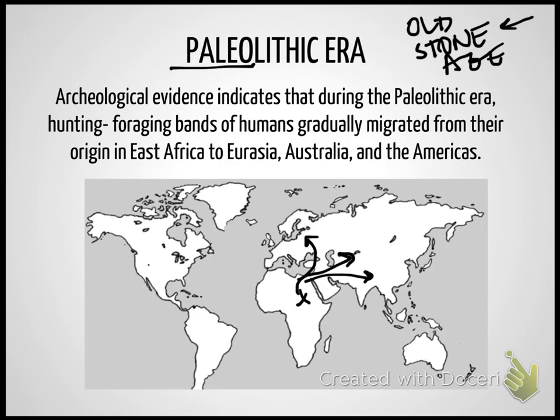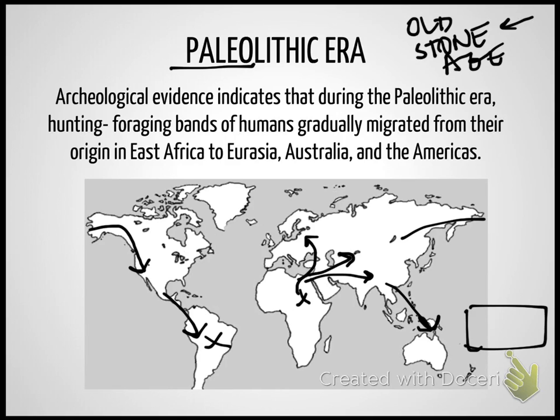Ultimately, we're going to see migrations into Australia, and then if you go around the map down here, we're going to see migrations the rest of the way. The last migrations of human beings were ultimately into Oceania, which is not really on the map, but also then South America, as we're looking at these migrations for where humans are in the Old Stone Age.